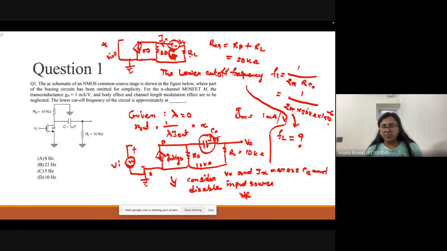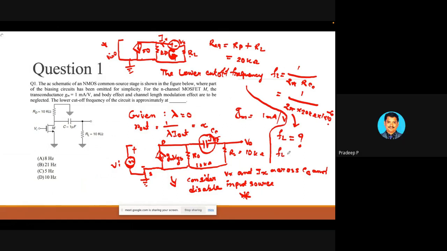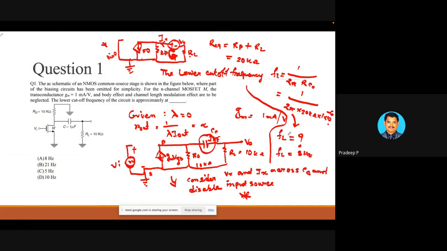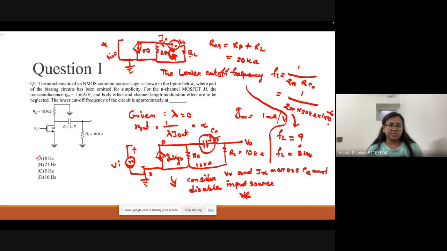So 1 by 2 pi, the R value is the R equivalent, which is 20 kilo ohm, and the coupling capacitor is 1 microfarad, 1 into 10 to the power minus 6. So what is the value of FL? 8 hertz. Yes, so the right option is the first one, 8 hertz.